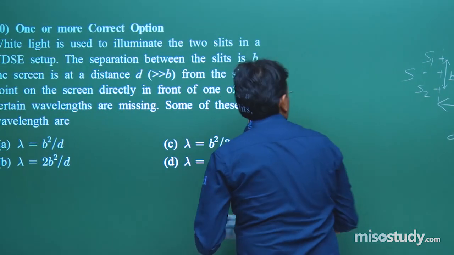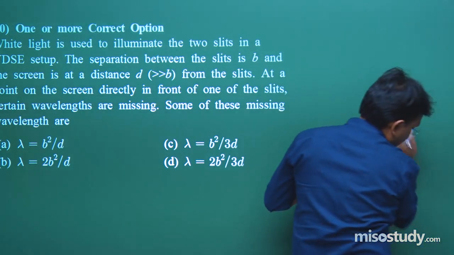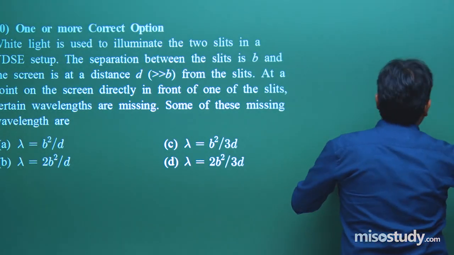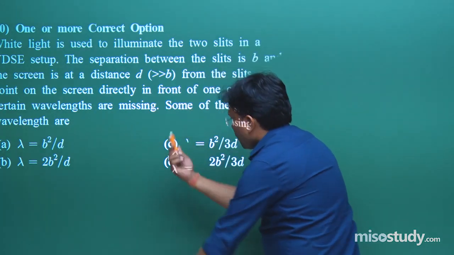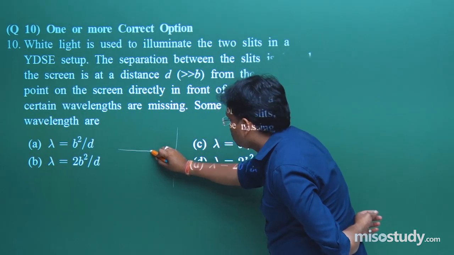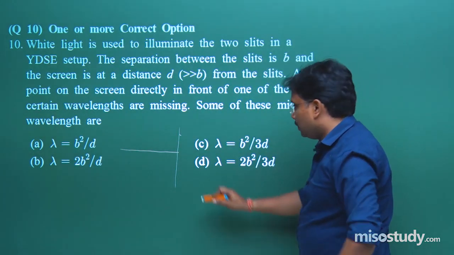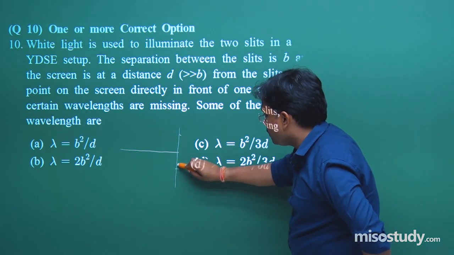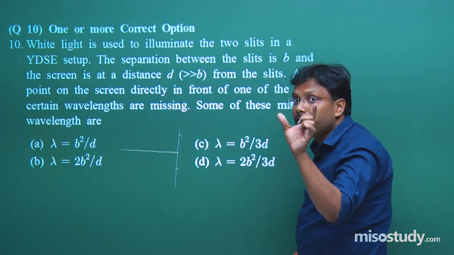So, now I will rub the diagram and will show you how you can calculate. Symbolically, let me show you the diagram. Fine. So, if I am saying this distance from here to here is y, then this distance is y by 2.